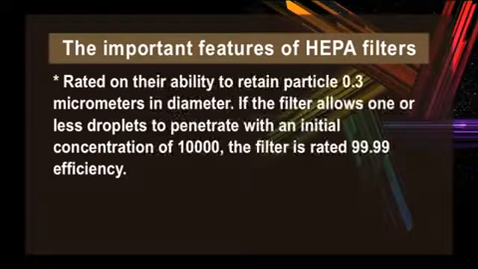Filters are rated on their ability to retain particles 0.3 micrometers in diameter. If the filter allows 1 or fewer droplets to penetrate out of an initial concentration of 10,000, the filter is rated 99.99% efficient.